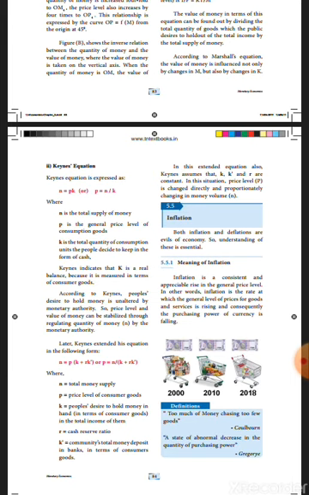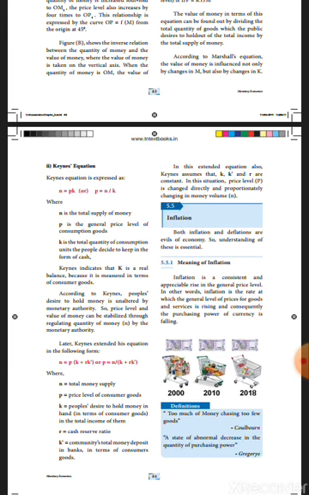On the basis of speed, we can classify inflation as follows. One is creeping inflation, next is walking inflation, third is running inflation, and the fourth is galloping inflation or hyperinflation.